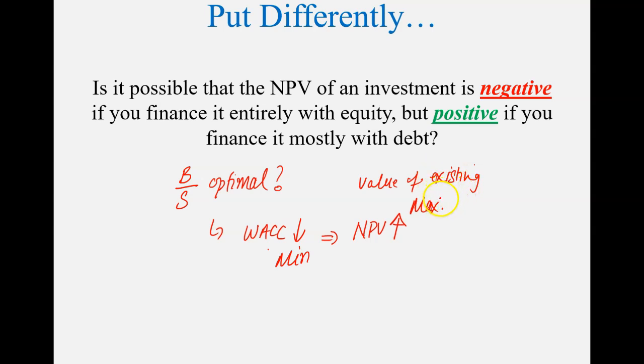We have a given amount of assets, and what we're interested in finding out is, can we change capital structure? In other words, is there some optimal such that the cost of capital is minimized so that the value of the same existing assets generating the exact same cash flows is maximized? If that is the case, then we want to find out what that optimal capital structure is. And so that is ultimately the question of capital structure.